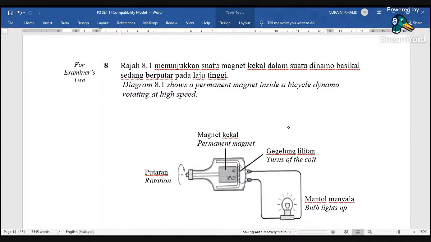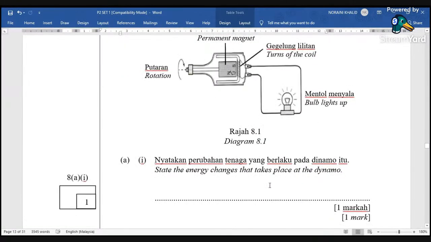Okay, there is a permanent magnet, coil, bulbs lights up.